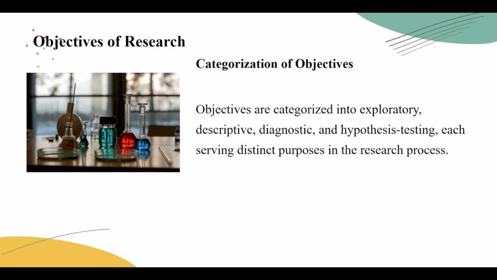Next, we have descriptive research. Once we have done our exploratory scouting, we might want to simply describe what is happening. The objective here is to paint an incredibly accurate, detailed picture of a particular individual, a demographic group, or a specific situation.